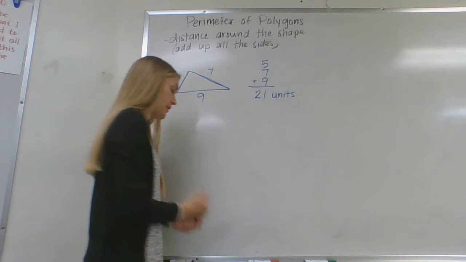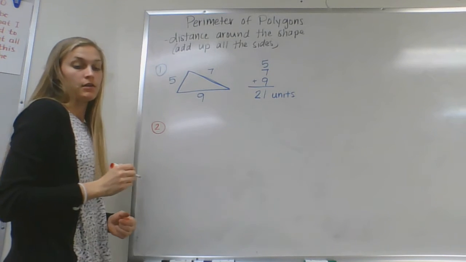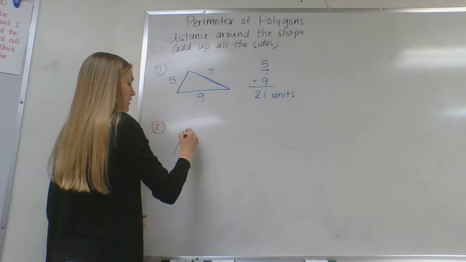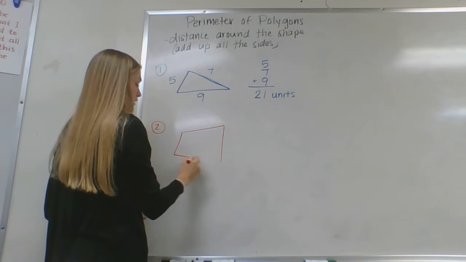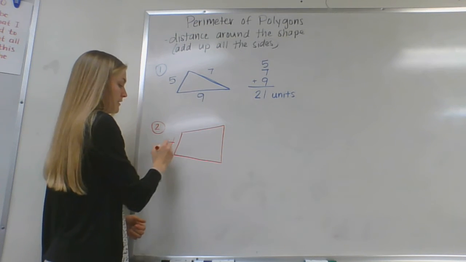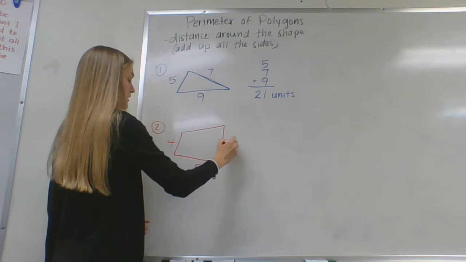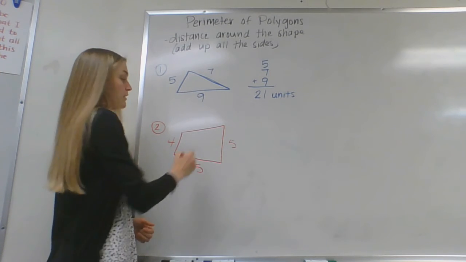All right, let's try another example. What if I give you a quadrilateral, and that side's 4, and this side's 5, and that side's 5, and this side's 6.